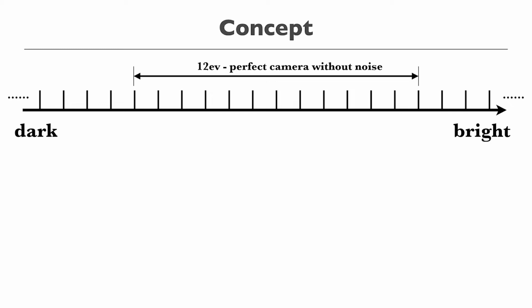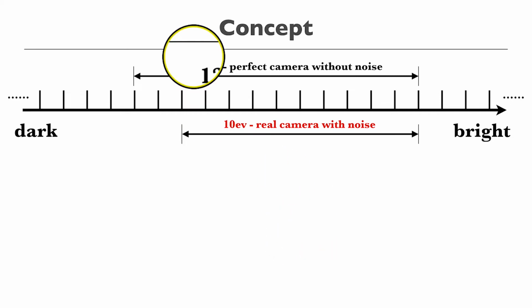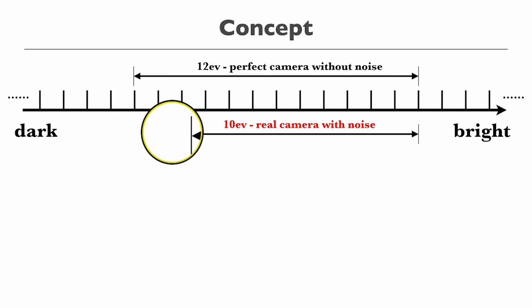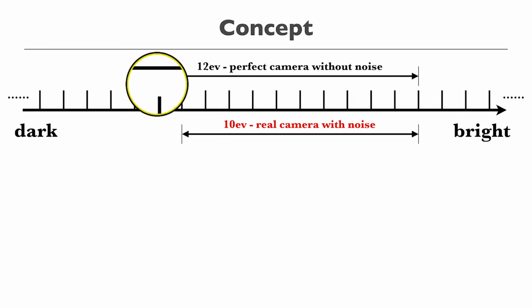But in fact, for 12-bit, 12 EV cameras, when we are using them in real life, we usually have 10 EV or less, because we are capturing with noise, which means the lower bits of the analog to digital information will have noise on the lower bits, right? Because the signal to noise ratio will be lower than the perfect situation.